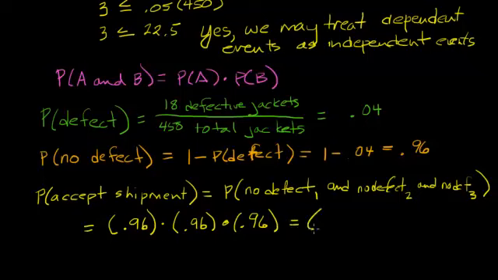So again, we see that we could write this much more simply, is 0.96 to the third power, and that result is 0.88736, carrying it out several decimal places, or approximately 0.885. Say we want to round to 3 decimal places.